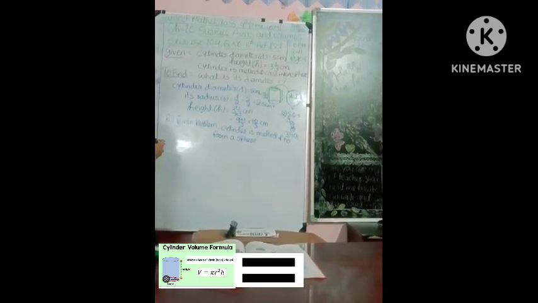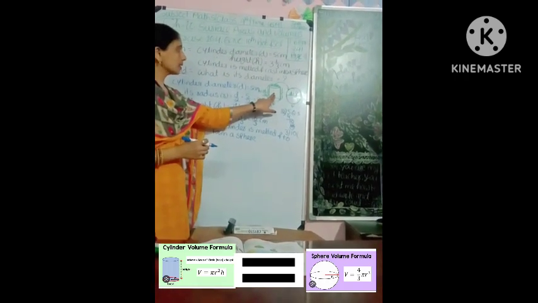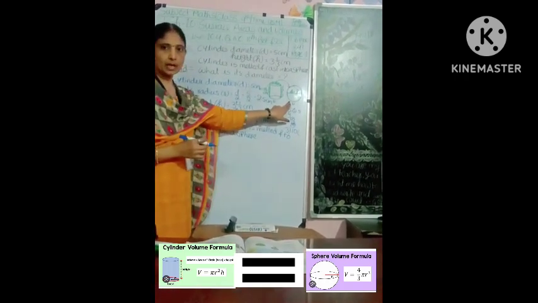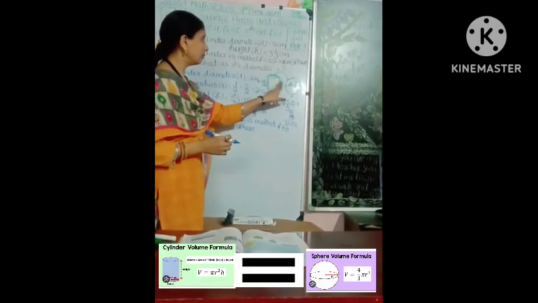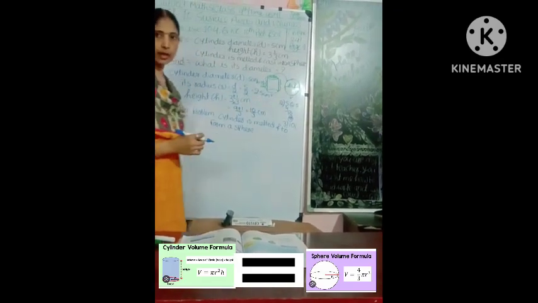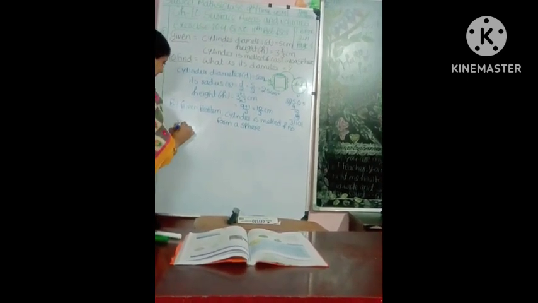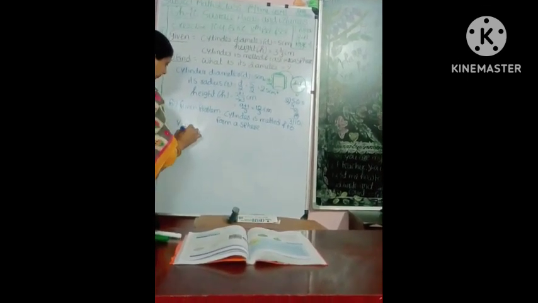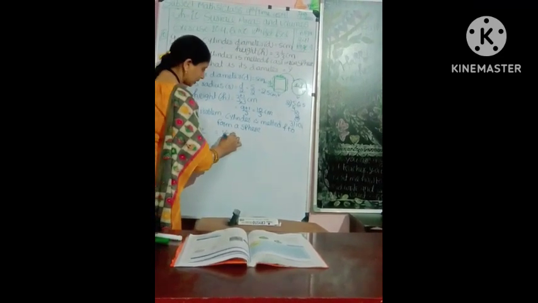That is nothing but the volume of the cylinder is equal to the volume of the sphere, because the cylinder is only melted, so both are equal. So the volume of the sphere is equal to the volume of the cylinder.